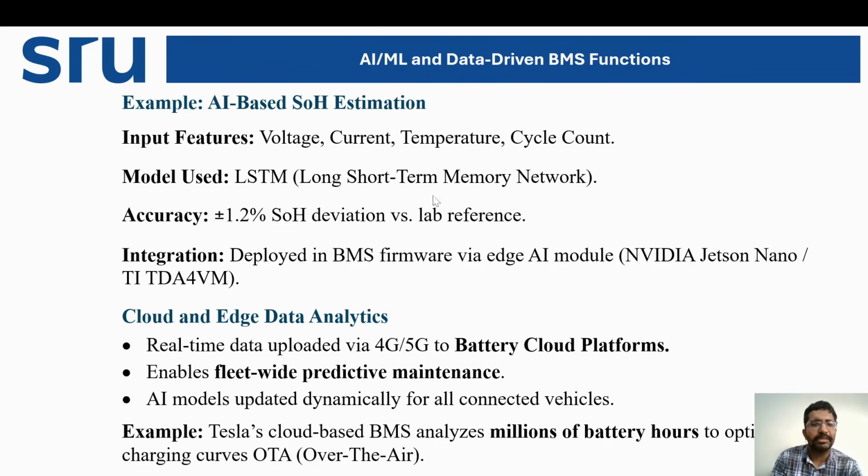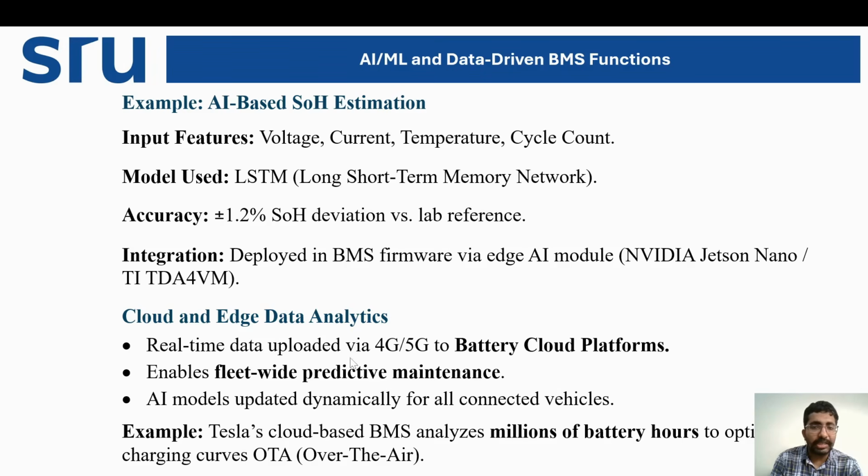Already we have discussed this in detail: we will require the input as voltage, current, temperature and cycle count. These will be considered as the input. Then the model will be a long short-term memory network. For accuracy, there will be around 1% state of health deviation from the lab reference. It is deployed in the BMS firmware via edge AI modules.